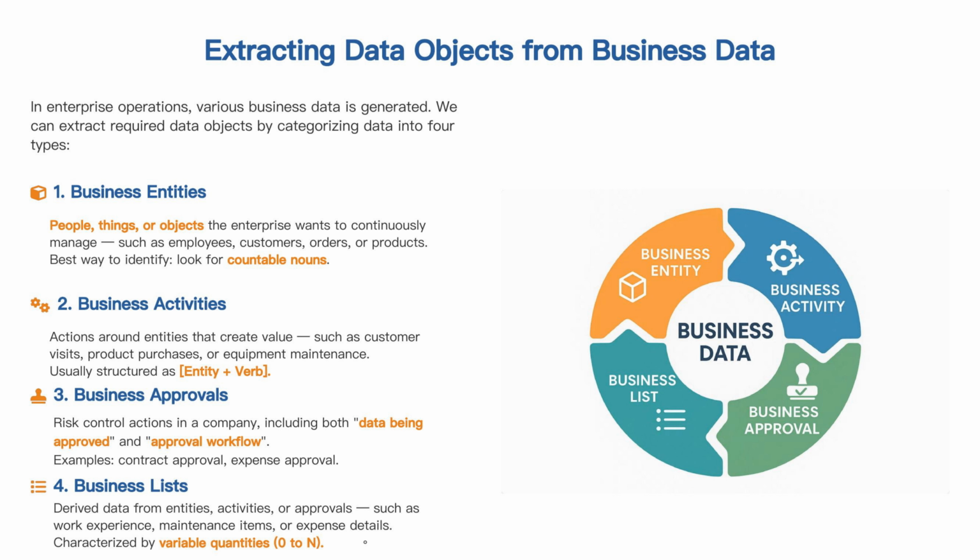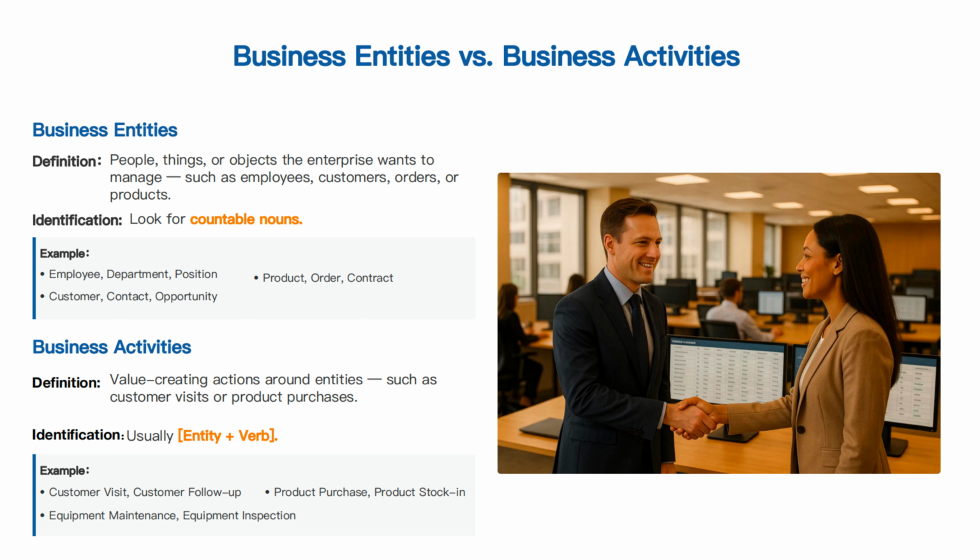Typically, business data can be divided into four categories. The first category is business entities, which are people, things, and objects that a company continuously manages, such as employees, customers, orders, and products. Identifying them is straightforward. If you can describe them using terms like all employees or all orders, they are likely business entities.